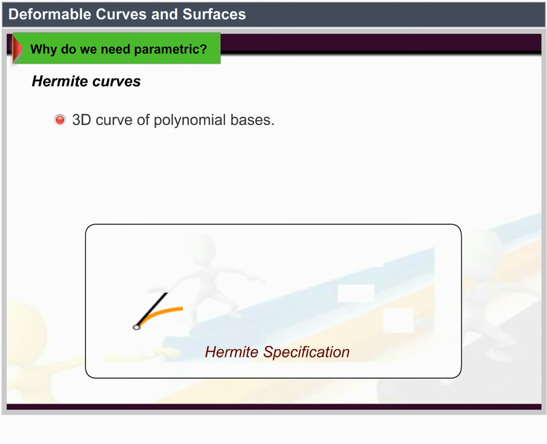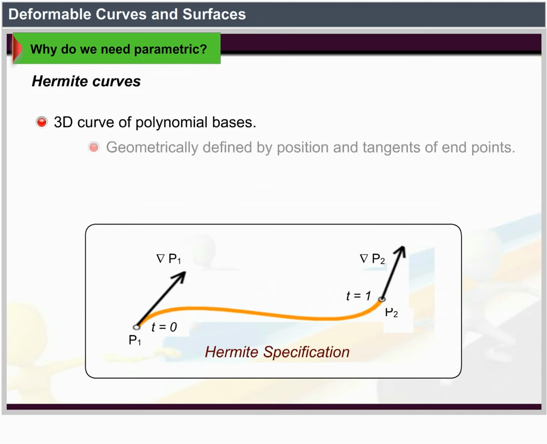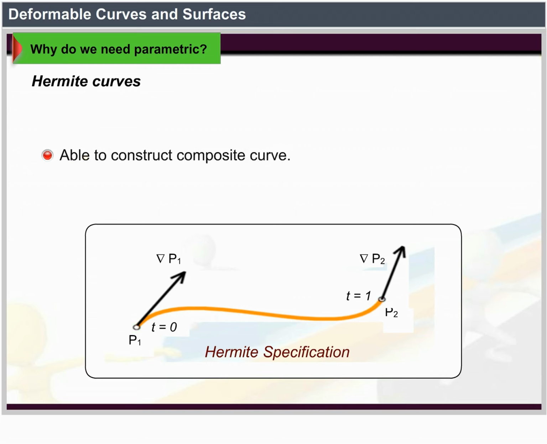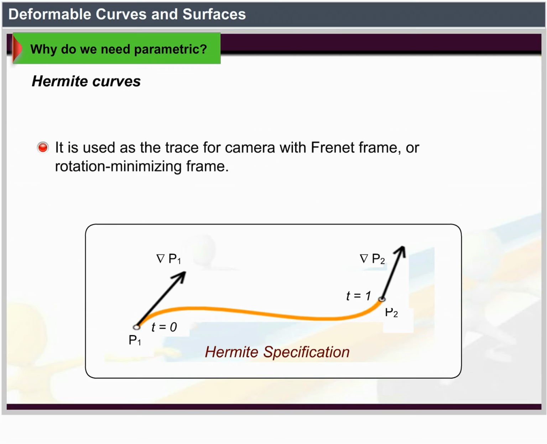Hermite curves. A 3D curve of polynomial basis, geometrically defined by position and tangents of endpoints, able to construct composite curves. It is used as a trace for a camera with a Frenet frame or rotation minimizing frame. The Hermite specification diagram can now be seen.